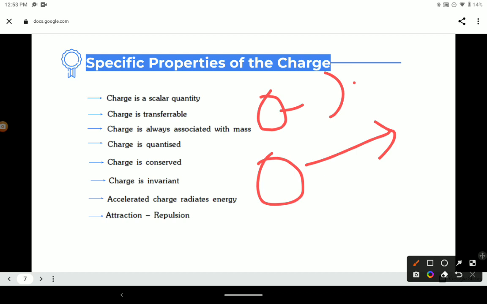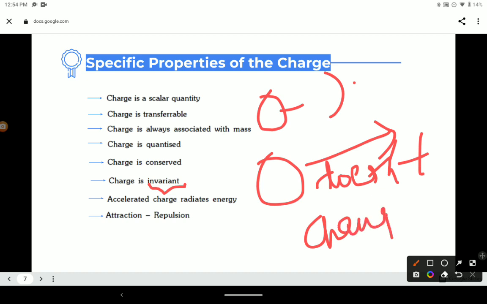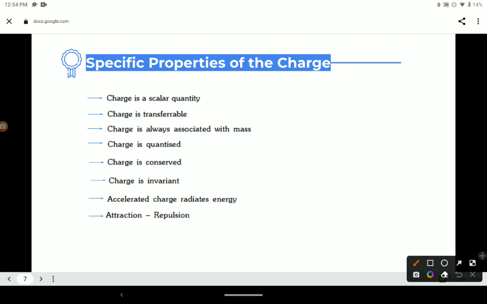Will the charge vary with speed? It is clearly mentioned here, it is invariant, which means charge does not change with any factor. Invariant here refers to does not change. Okay, that's the matter actually.